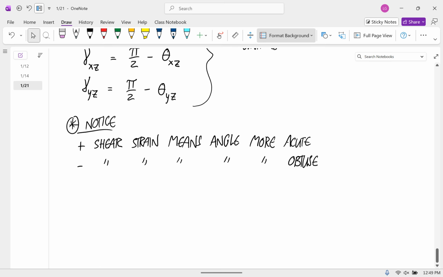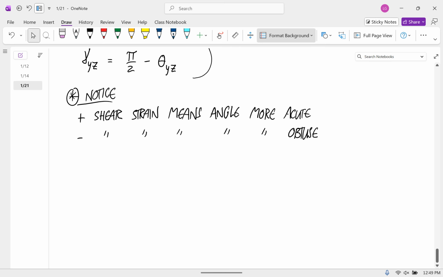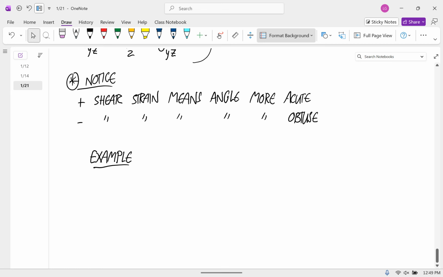Okay. So let's do an example with these. So let's say we start with this rectangular shape. And I'm going to view this from a funny direction that we're not really used to.